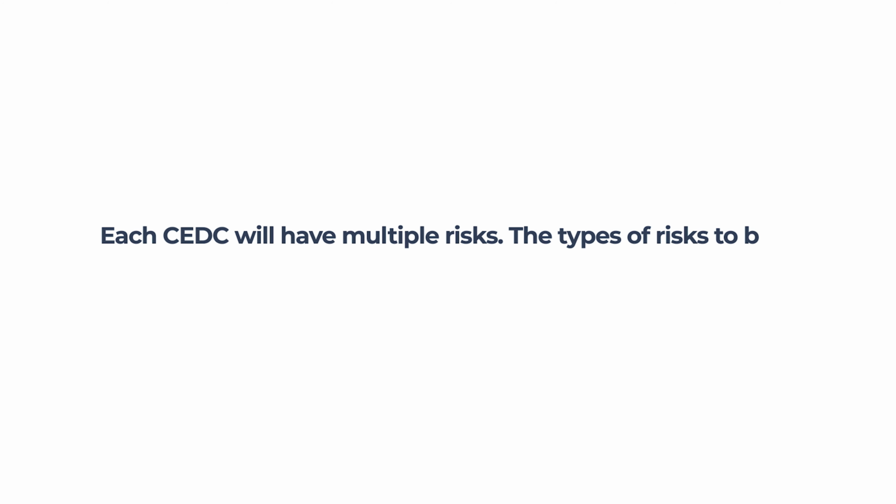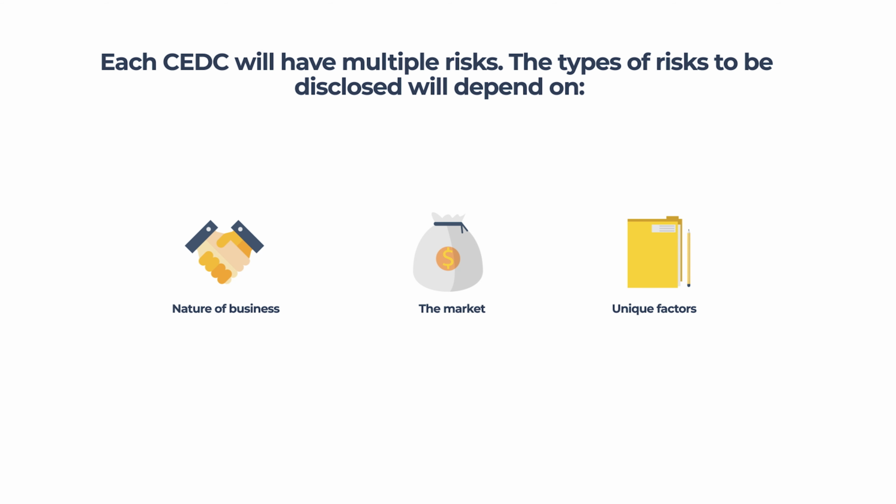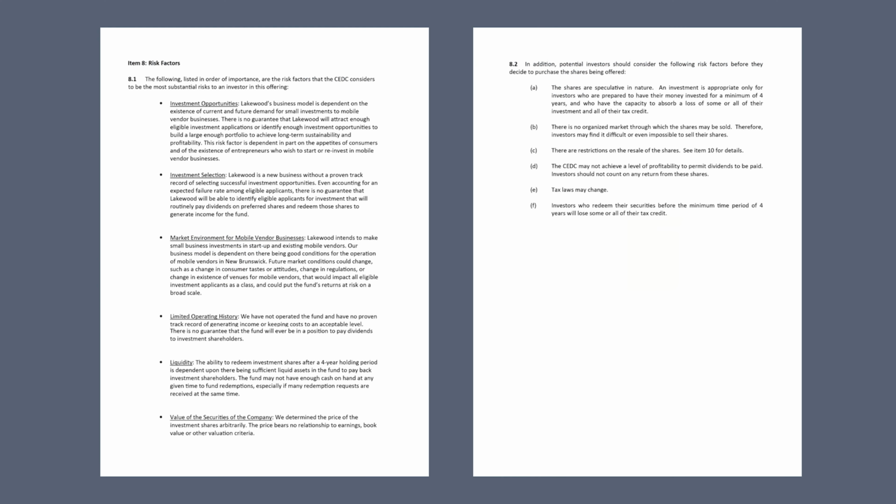The types of risks to be disclosed will depend on the nature of the CEDC's business or industry, the market in which it operates, such as potential competitors, and factors unique to each specific CEDC, such as being reliant on key employees or key agreements. FCNB expects that each CEDC will list all material risks from most to least important.